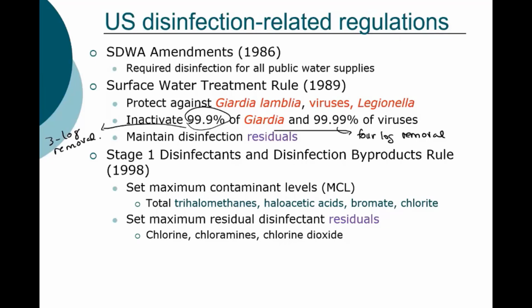For instance, the trihalomethanes, haloacetic acids, and bromate are either known carcinogens or suspected carcinogens in humans. The contaminant levels are set based on ingestion. They are not set considering inhalation, purely ingestion.